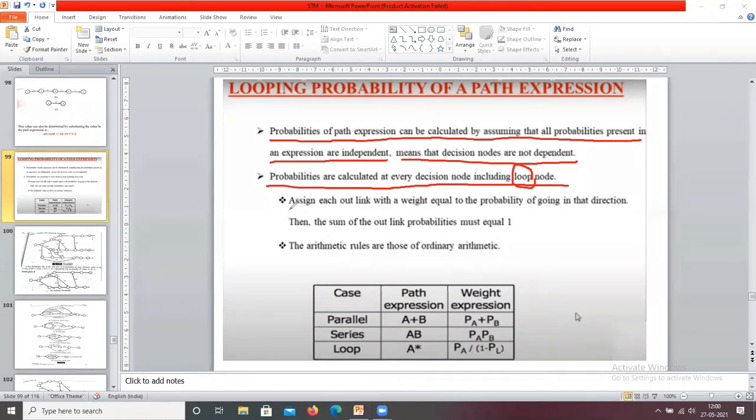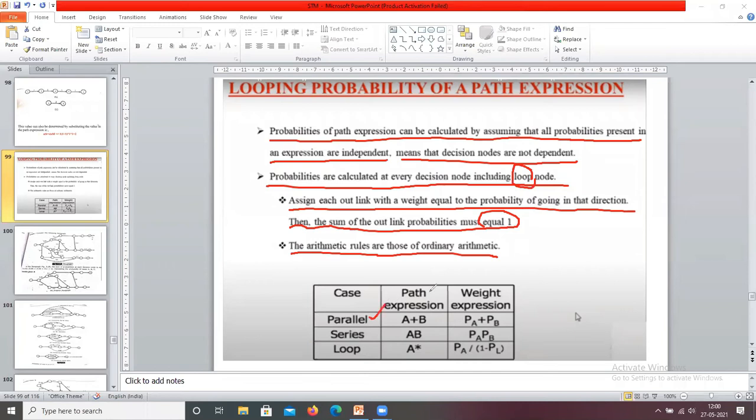So assign each outlink a weight equal to the probability of going in that direction. Then the sum of outlink probabilities must equal 1, and the arithmetic rules are those of ordinary arithmetic. These are the rules you are going to follow for the probability of a path expression.